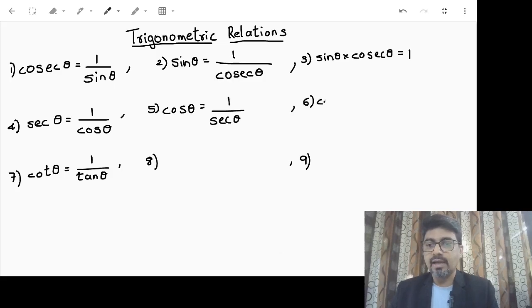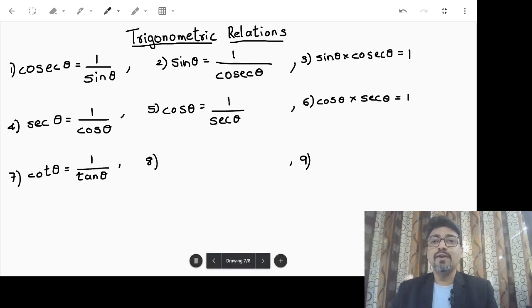I can write that also as cos theta multiplied by sec theta is equal to 1. Three different ways of writing the second trigonometric relation: sec theta is 1 upon cos theta, or cos theta is 1 upon sec theta, or cos theta multiplied by sec theta is equal to 1.